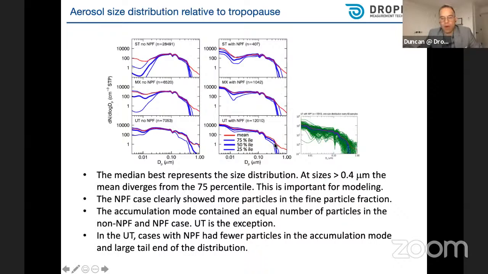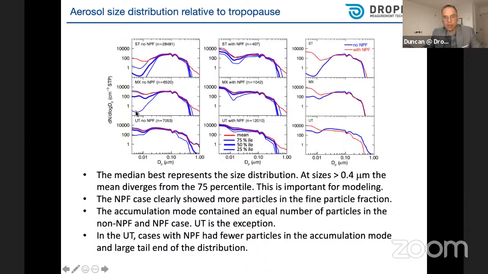We also have fewer aerosols in the tail end of the size distribution, meaning that the surface area is much less. So we already have an indication here that when we have particle formation, we have a smaller surface area. We have fewer particles that are larger. In each of the size distributions with particle formation, we see a nucleation mode, while in size distributions with no particle formation, we have fewer particles in the nucleation mode.